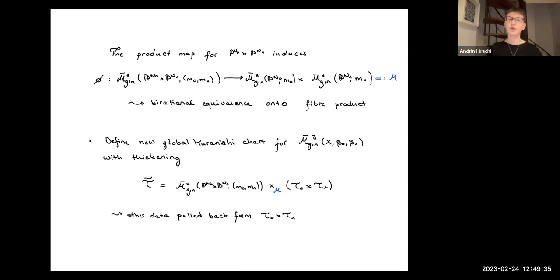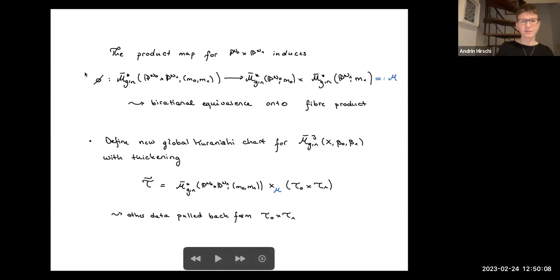Namely, we of course also have a product map from the product P^n0 × P^n1 to the product of moduli spaces of stable maps to, on one hand, P^n0 and P^n1. And then we can just take the preimage of this open subset in the full moduli space of stable maps to get a nice smooth unobstructed subset inside the moduli space of stable maps to the product, which also has no isotropy.